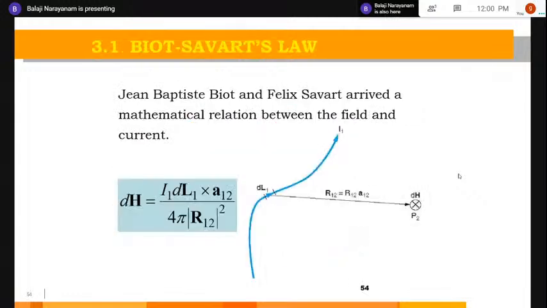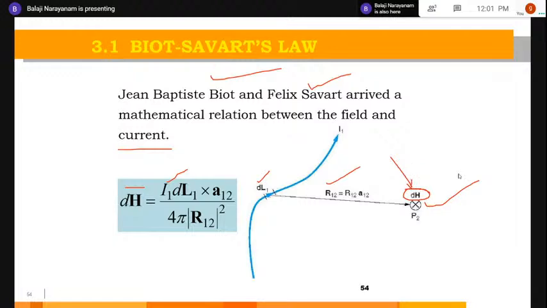The important law is the Biot-Savart law. Biot is one scientist and Savart another; they arrived at a mathematical relation between the magnetic field dH and the current I. dL is a differential length taken in a current carrying conductor of length L. A point P2 is taken at a distance of R12 from this differential length dL1, and the differential magnetic field intensity there is taken as dH.